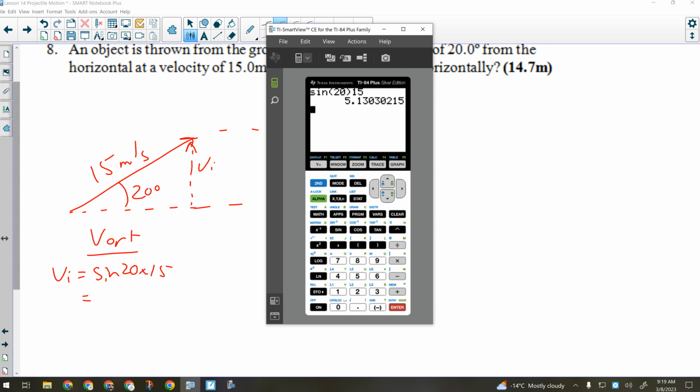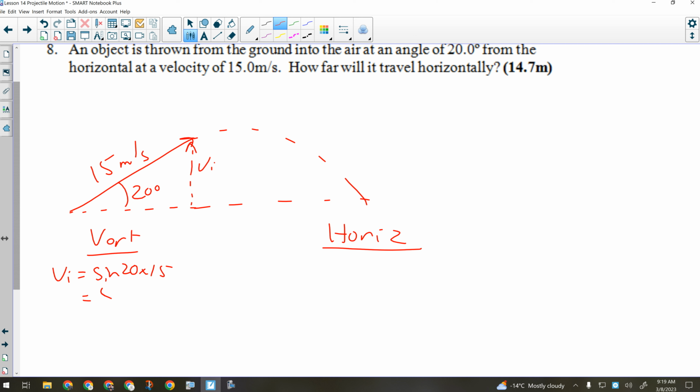So 5.13 meters per second, and that's up. Acceleration's negative 9.81 meters per second squared. VF is negative 5.13 meters per second.